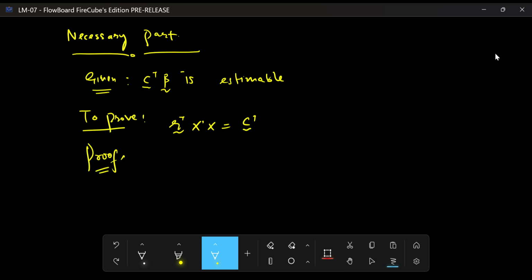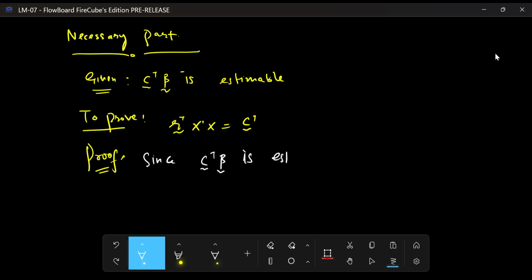Proof is simple. Since we know that C curl transpose beta curl is estimable, then from the first method there exists a vector A curl such that A curl transpose X is equal to C curl transpose.